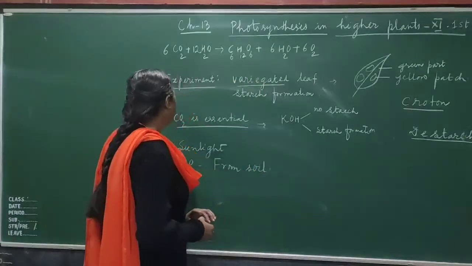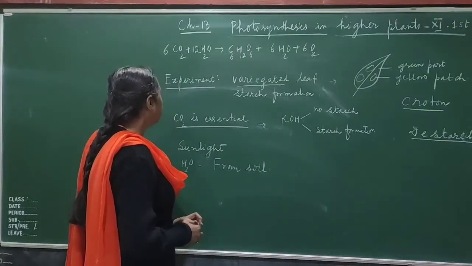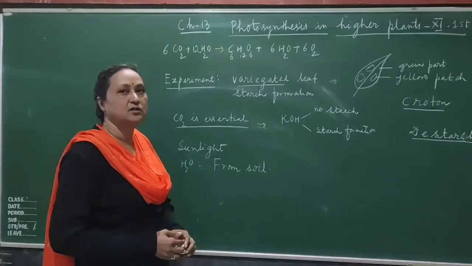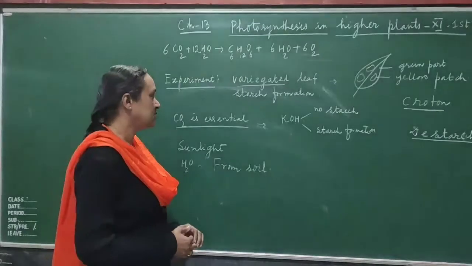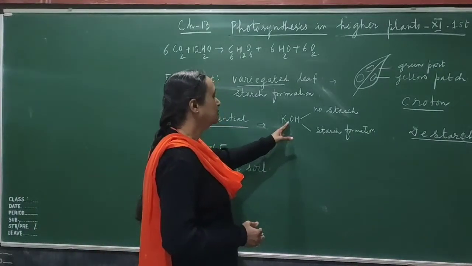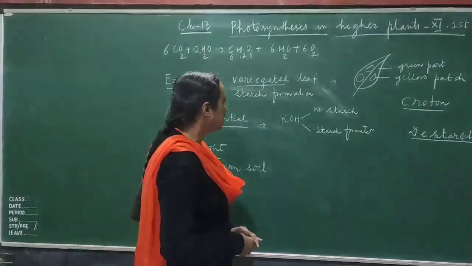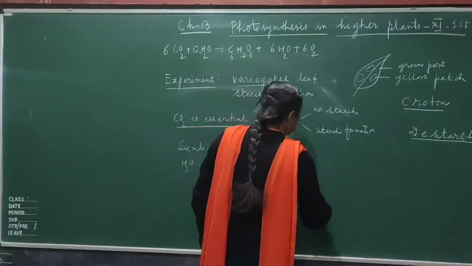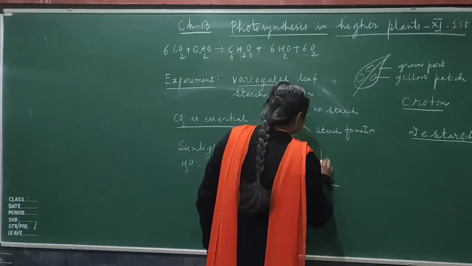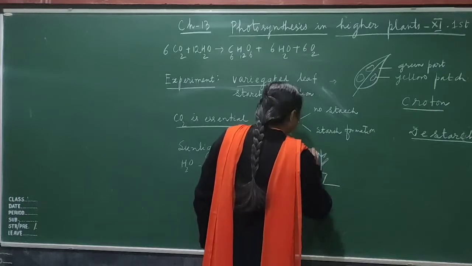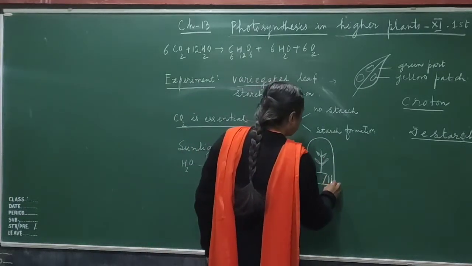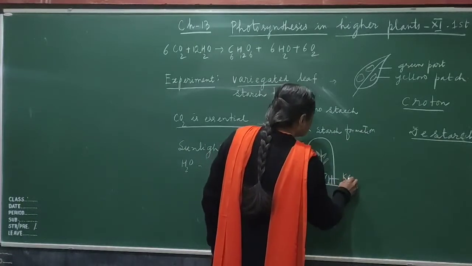Now there is another experiment given which can prove that carbon dioxide is essential for the process of photosynthesis. You take one potted plant, and for example, suppose this is the potted plant, you cover the plant with the help of a paper, and near the plant you keep some KOH crystals.